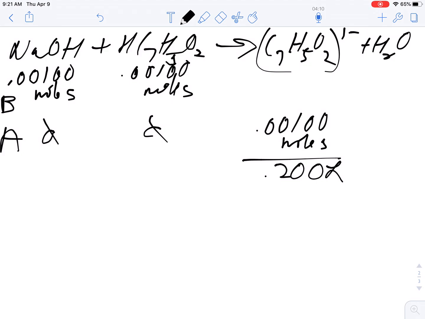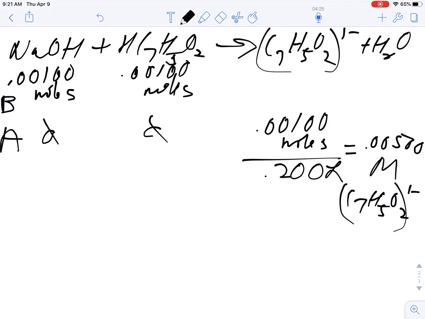So my molarity is going to be 0.00500 molar of the C7H5O2 minus. In fact, I misspoke. We're not putting this into the Henderson-Hasselbalch equation, because the Henderson-Hasselbalch equation does not work at the equivalence point.